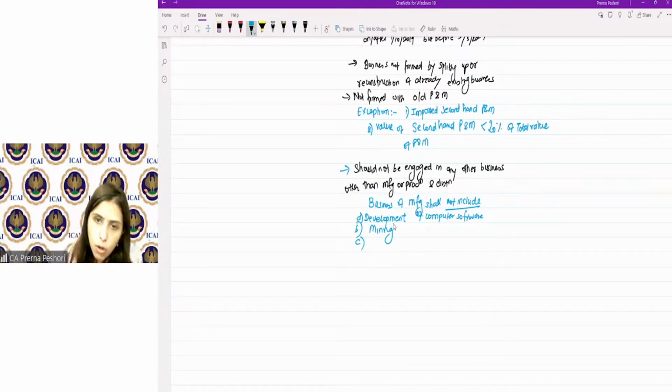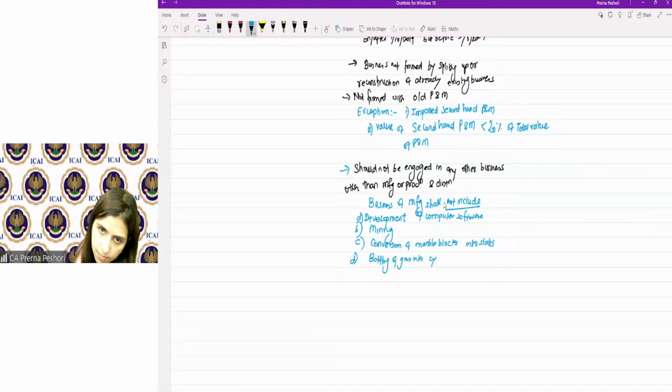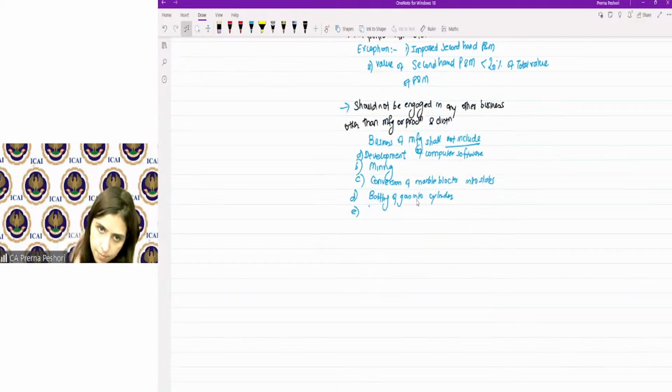Conversion of marble blocks into slab, then bottling of gas into cylinder, printing of books or production of cinematograph films.